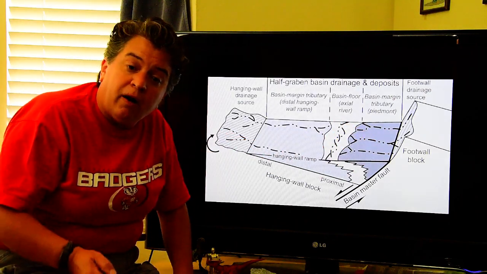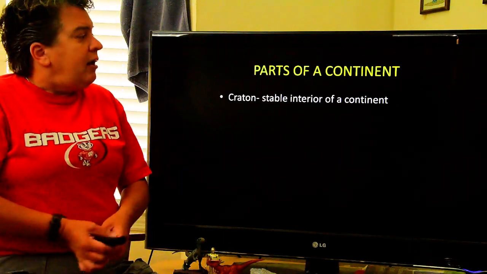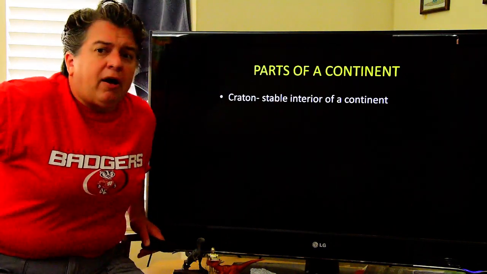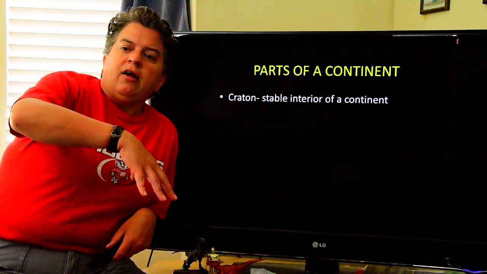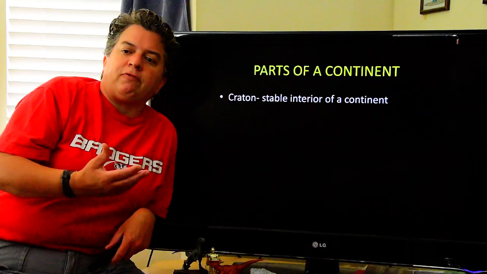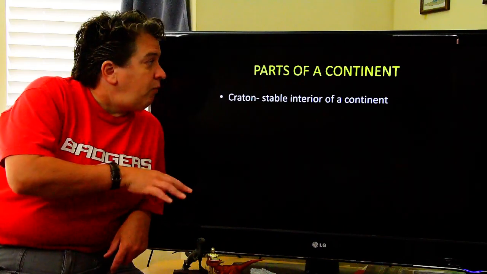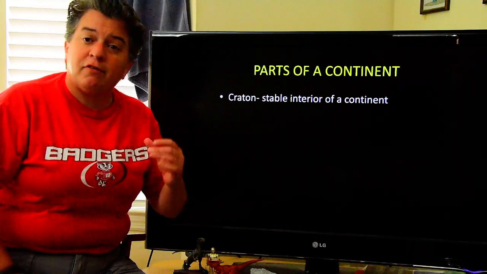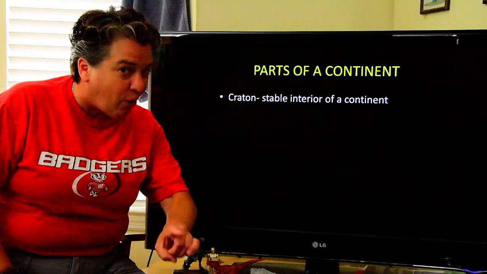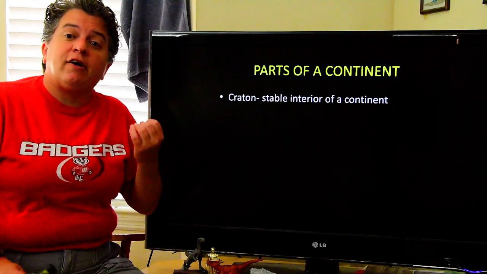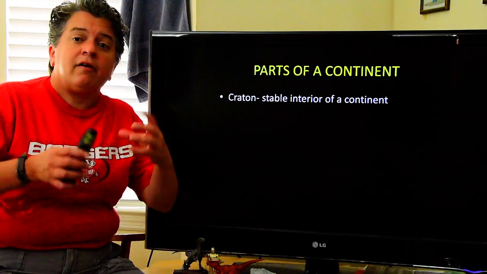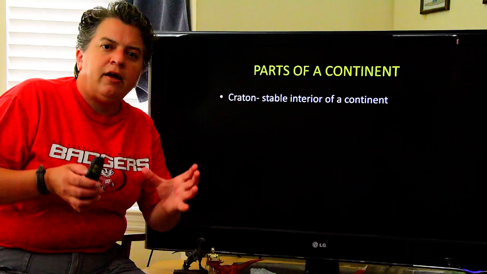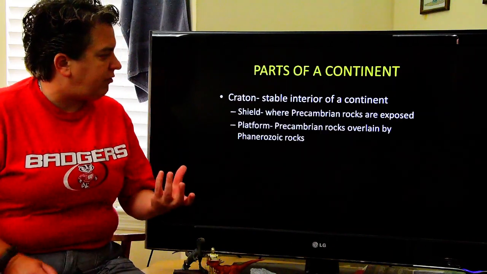these were being deposited. Now, when we talk about continents where our sediment is eroded from, there are some basic parts of a continent, and I know I go over this a few times, but that's because it's important. We have the craton. And the craton is the stable interior part of a continent.